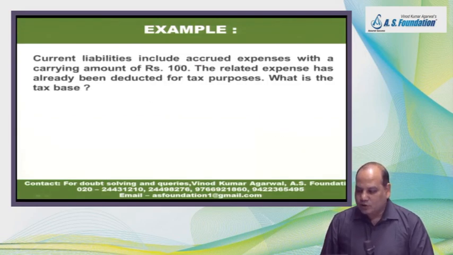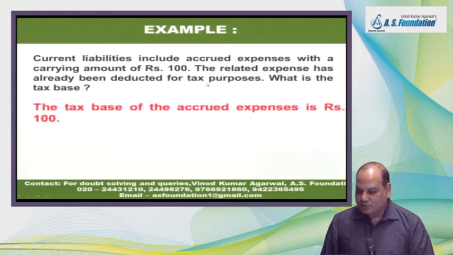Current liabilities include accrued expense with a carrying amount of 100. The related expense has already been deducted for tax purpose. That means it has no future tax consequence. If it has no future tax consequence, carrying amount is equal to tax base.